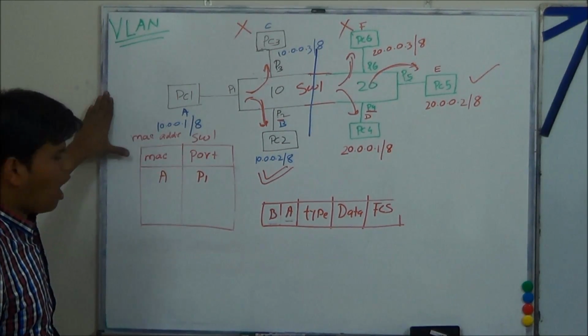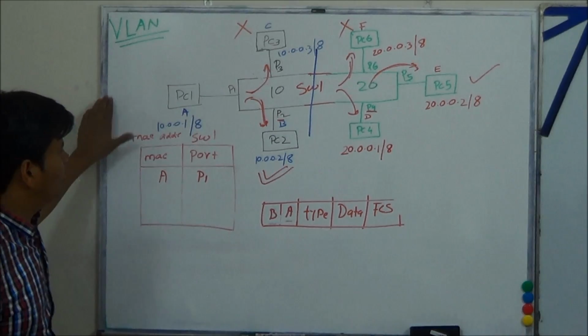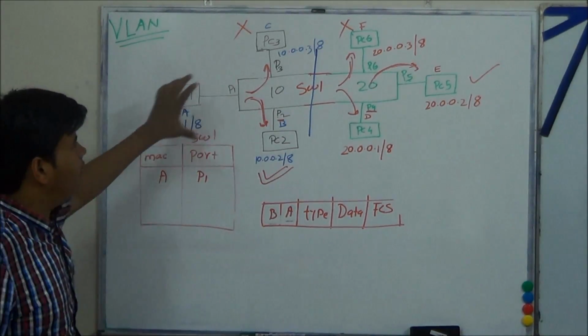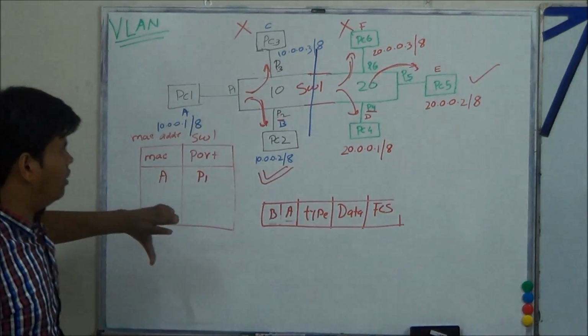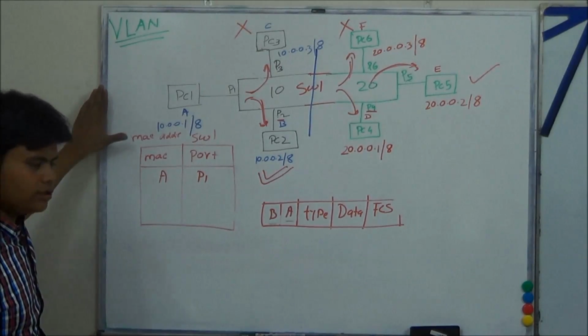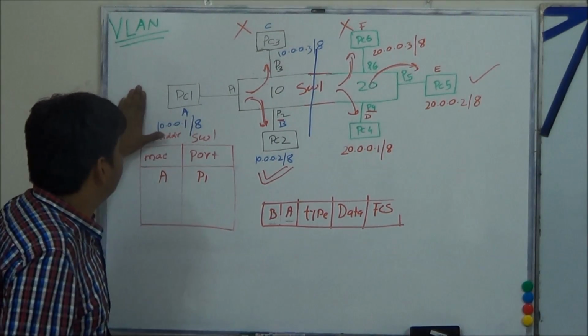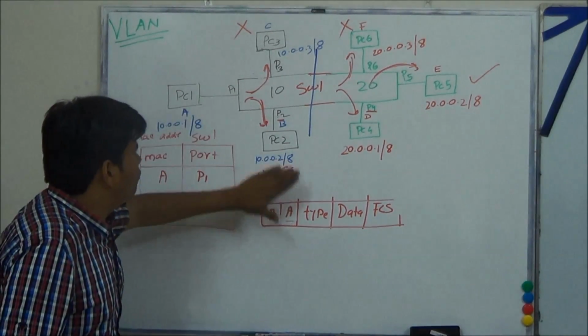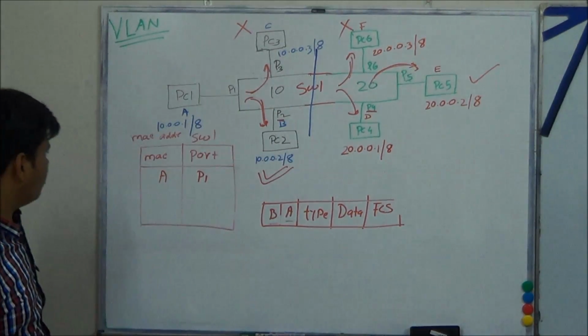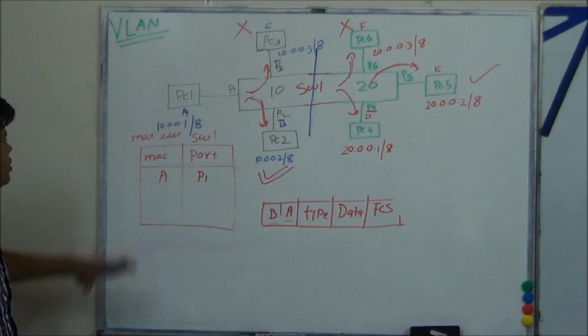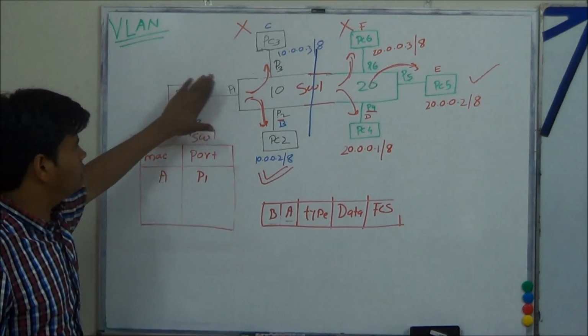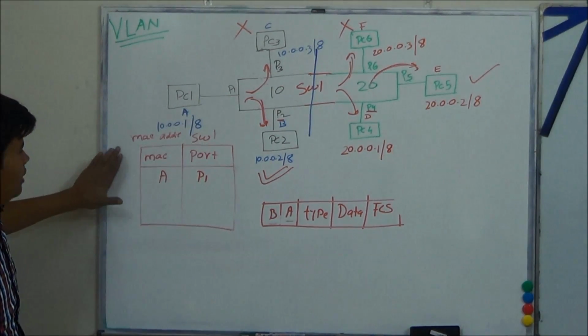Now I will discuss how the communication between VLAN 10 and VLAN 20 is performed in this scenario. First, I will discuss the communication of PC1 and PC2 within VLAN 10. Initially the MAC address table of switch 1 is empty.